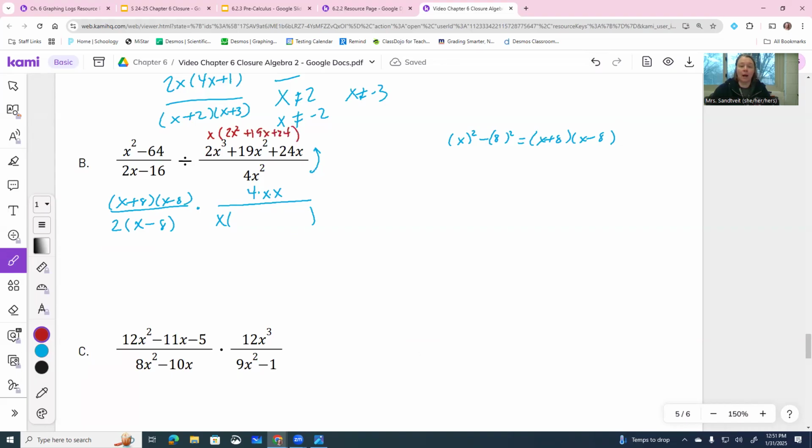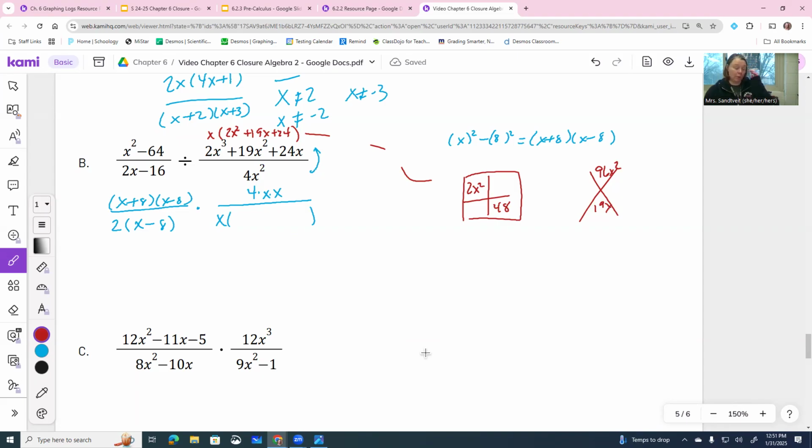So I want to make a box and a diamond over here for the 2x squared plus 19x plus 24. So they have to multiply to have the same denominator. So this would be an annoying 96 x squared, and it has to add to be 19x.